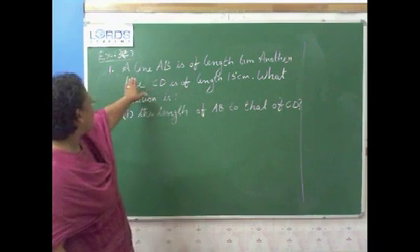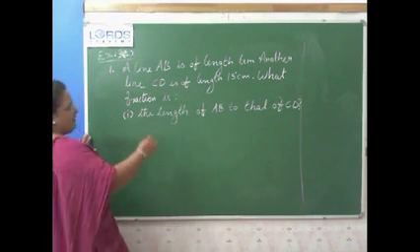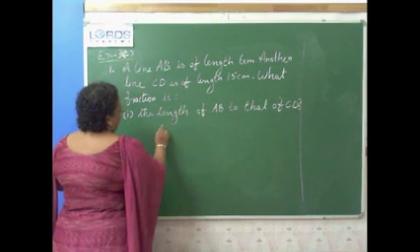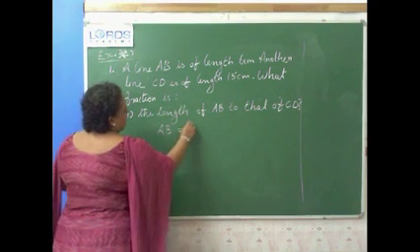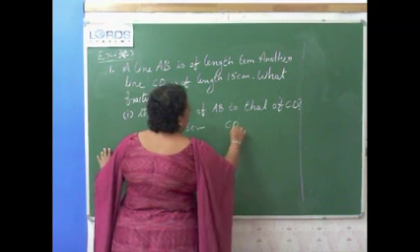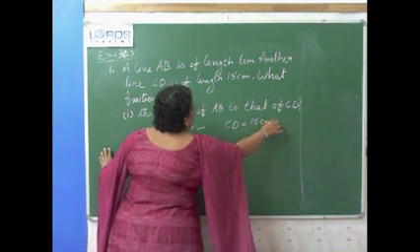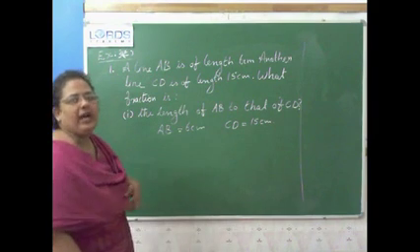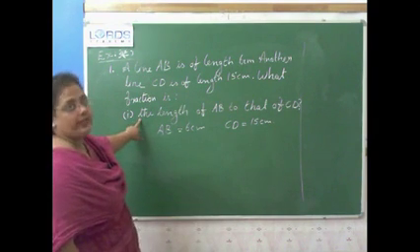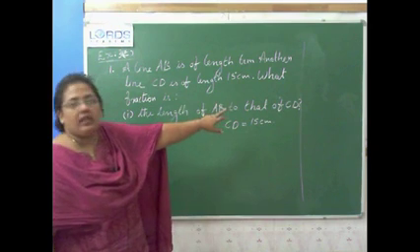Line AB is equal to 6 centimeters, and line CD is given as 15 centimeters. You have to compare the length of AB to that of the length of CD.